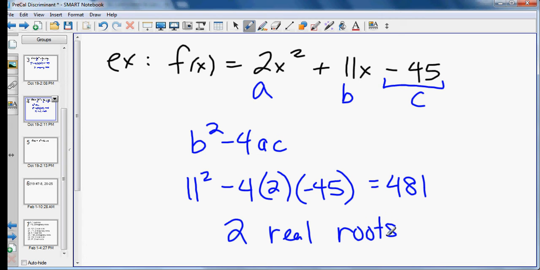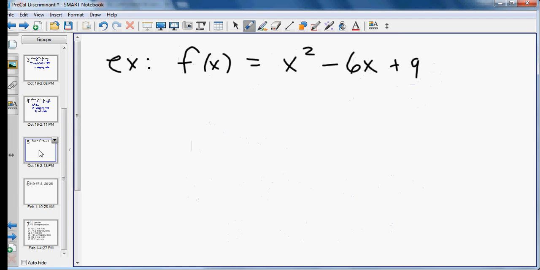For our last example, f of x equals x squared minus 6x plus 9. So our a is 1. There's an understood 1 in front of that x squared. The b is negative 6, and c is positive 9.